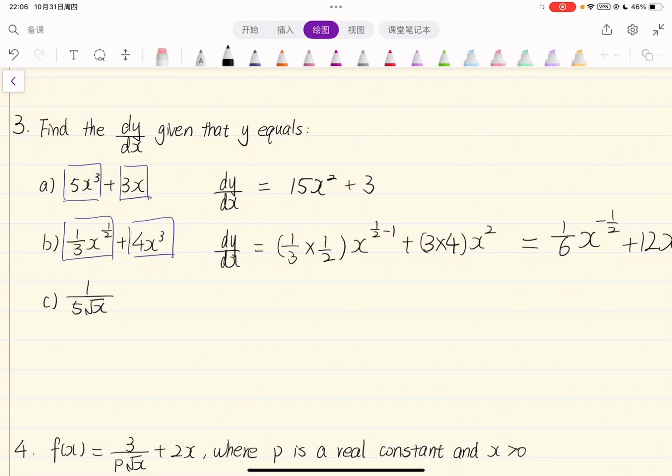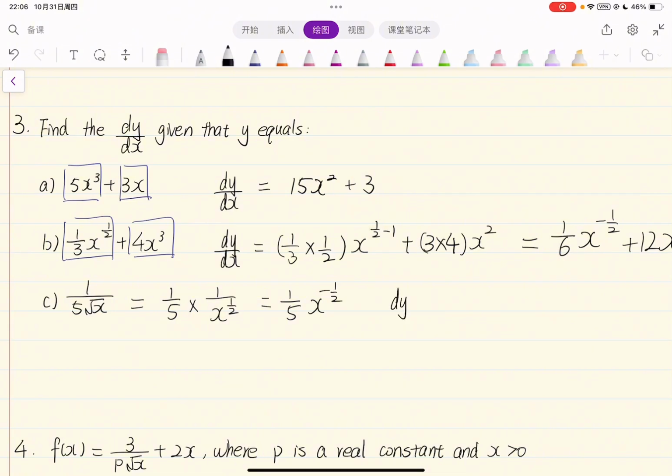For part C, we have y equals 1 over 5 times square root of x, and we can write it in another form. That equals 1 over 5 times 1 over x to the power of half. That equals 1 over 5 times x to the power of negative half.